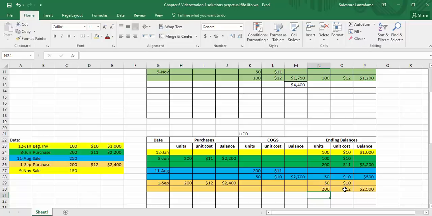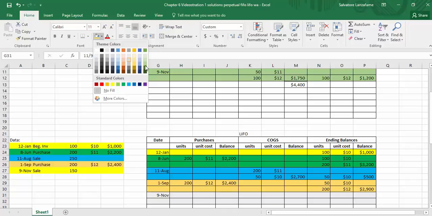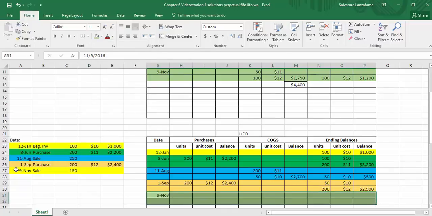And now our balance in inventory is 2,900. So we've got 250 units, 50 of them are at 10, 200 are at 12. So now we're going to sell. It's now November 9th. Let me color code this one, and we'll use this color green.